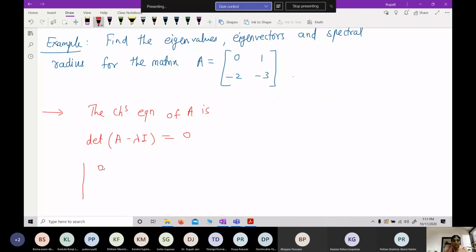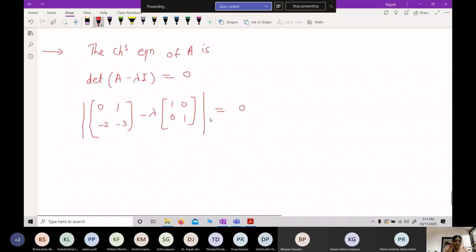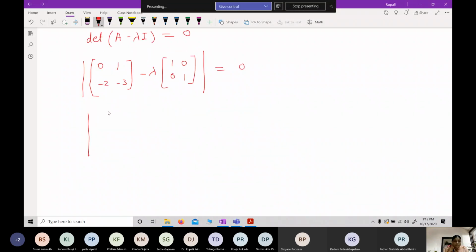A is 0, 1, minus 2, minus 3, minus lambda times I, where I means 1, 0, 0, 1, which is equal to 0. So the determinant of the matrix with rows 0 minus lambda, 1 and minus 2, minus 3 minus lambda is equal to 0. Is that right?